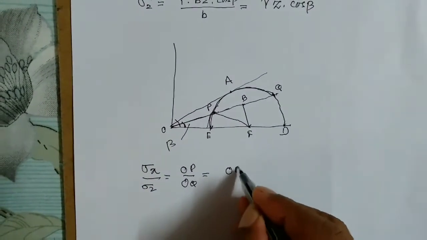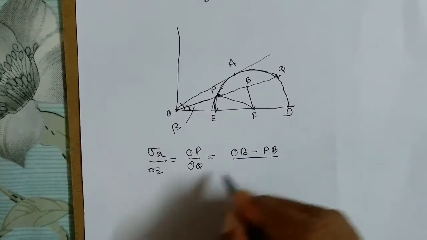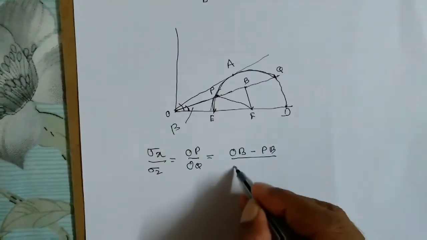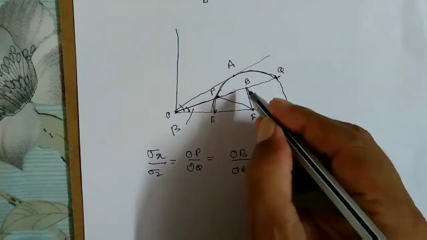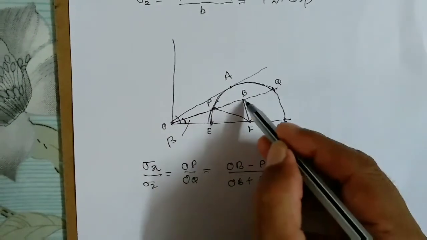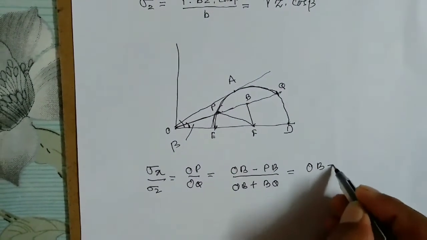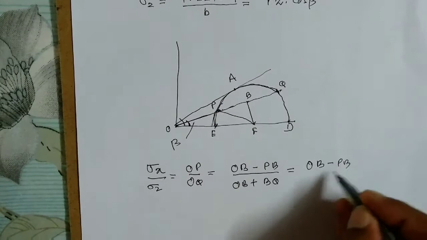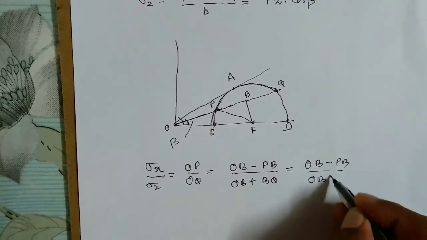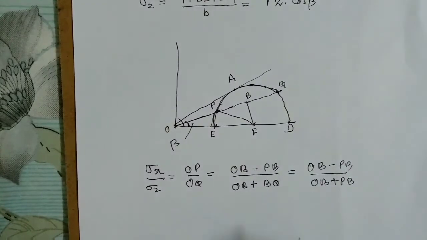Similarly, OQ can be written as OB plus BQ. But because PB and BQ are equal, we can have OB minus PB and OB plus PB. In place of BQ, we can write PB.